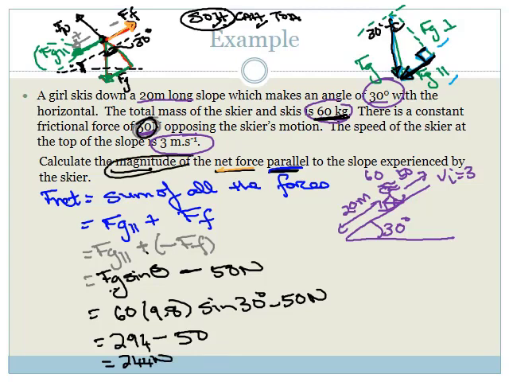They've just asked for the magnitude, so we don't have to give direction. So the net force parallel to the slope is 244 newtons. If they just asked for the net force parallel, we would have said 244 newtons down the slope. But all they've asked for is the magnitude, so it's 244 newtons.